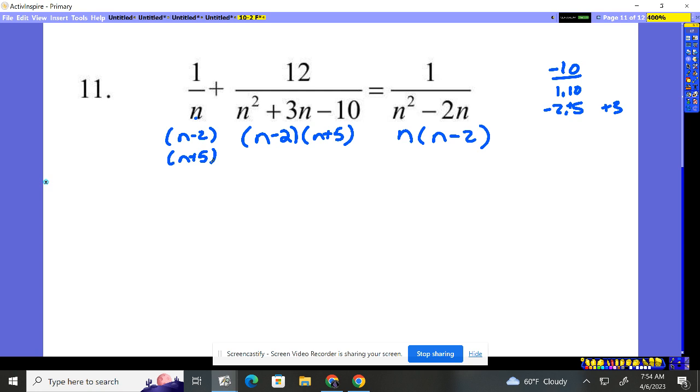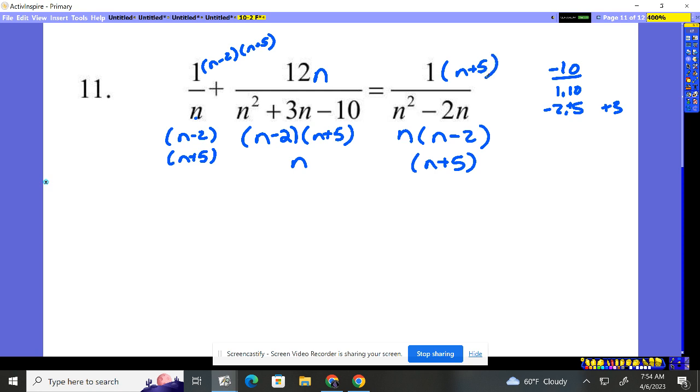So we're going to multiply the top here by an n minus 2, n plus 5. This simply lacks just being multiplied by an n. So that 12 up top will get multiplied by an n. And over here, he has the n minus 2, but he doesn't have the n plus 5. So that will get multiplied by the n plus 5.